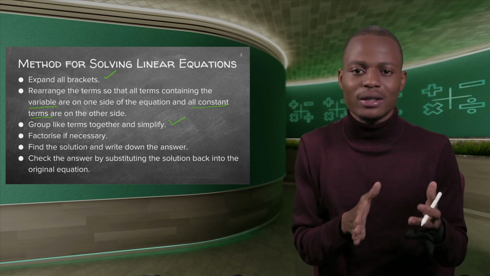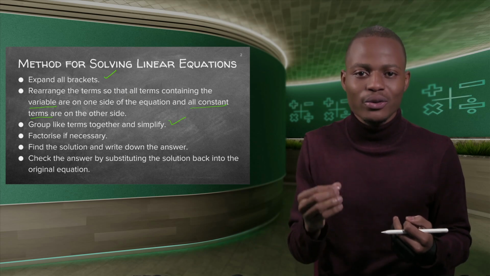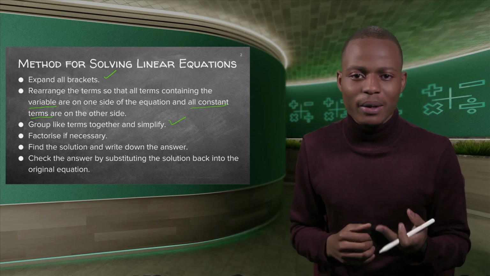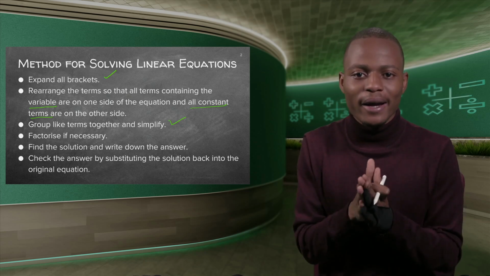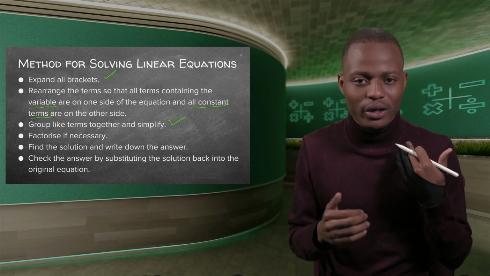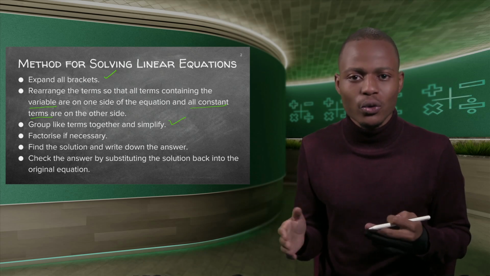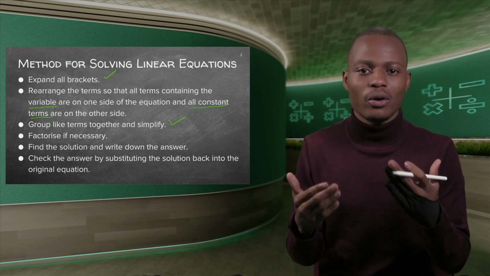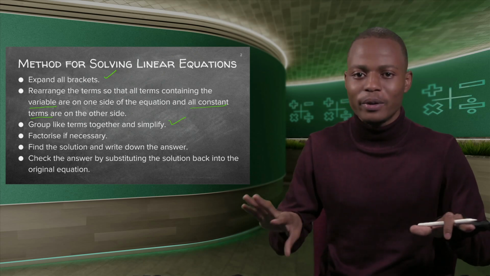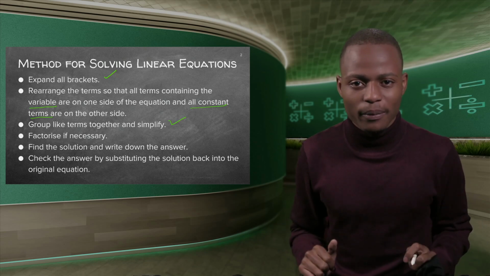It's not just grouping like terms on one side and leaving them like that. You need to simplify them. If you have x and 2x on one side, add those two values so that you get 3x. That's called simplifying. If you have 2 plus 2, add them and it gives you 4. You don't just group them and leave them alone; you also need to simplify them.